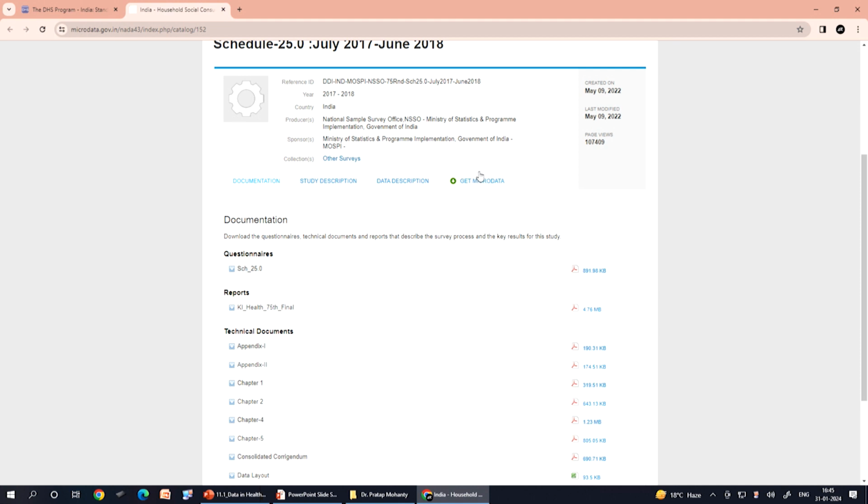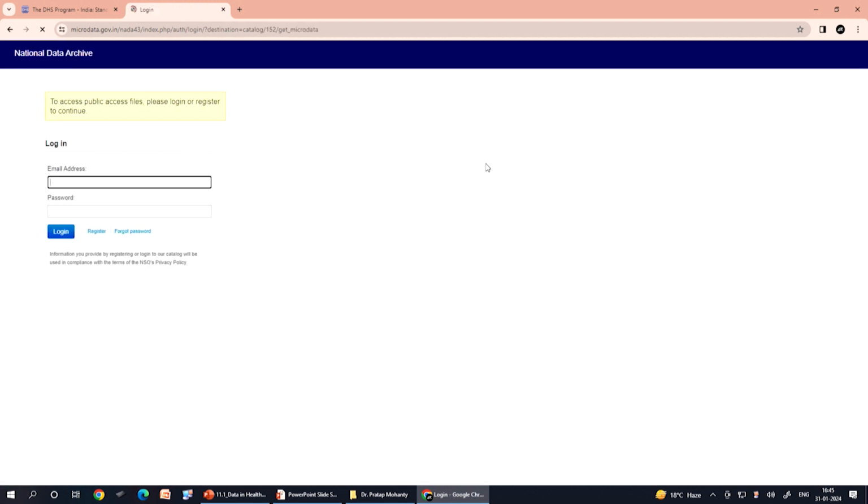Then you need to get the raw data from here, raw data in different formats. You have to click over here, get micro data. It asks for a registration, then it will be directed to the page to download the data.